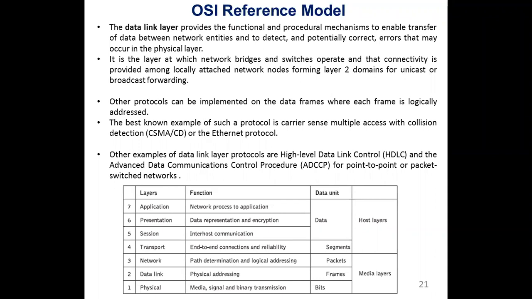You can also have other protocols like CSMA/CA and CSMA/CD, which sense the carrier, detect collisions, or correct the errors, depending on the protocol. I've listed some other examples as well: high-level data link control, HDLC, or advanced data communication control procedure, ADCCP, which are basically used for point-to-point or packet switched networks.